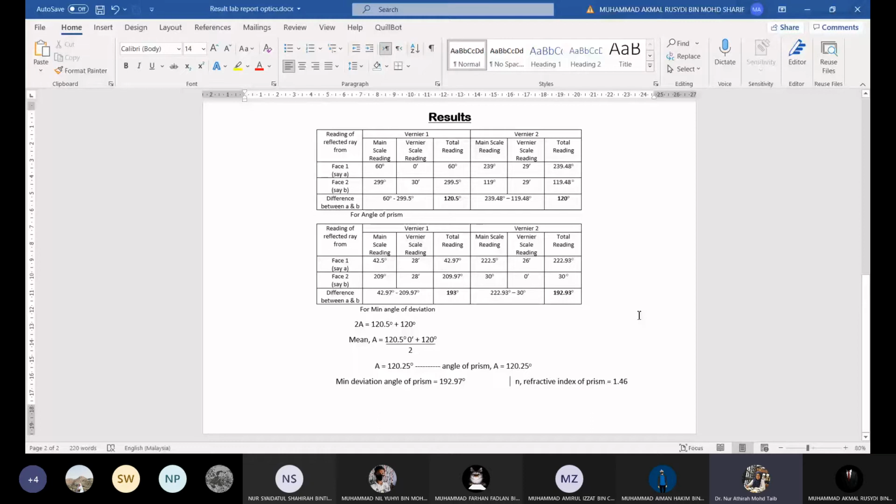Alright, and then the second one, maybe group 1 boleh tengok, because group 2 ni dia buat mean based on the mathematical, nak cari mean plus and then divide by 2.